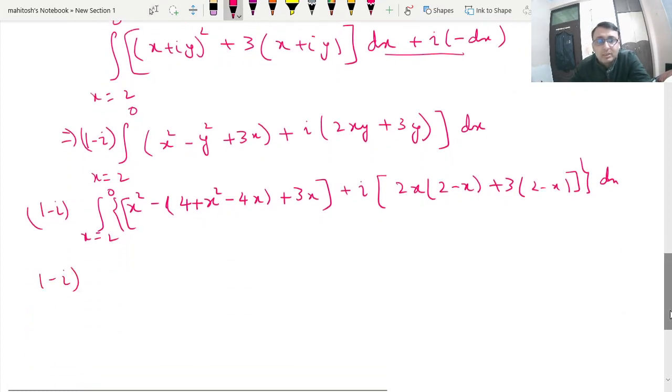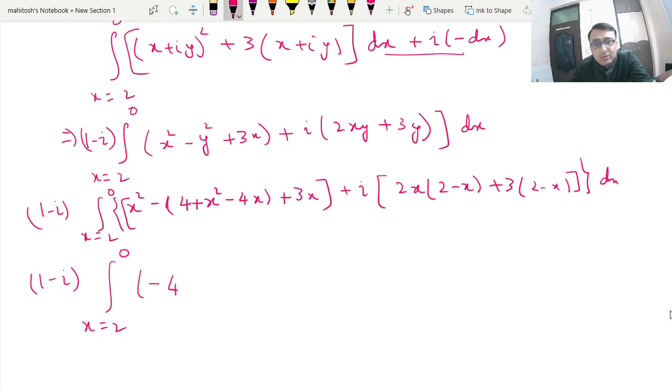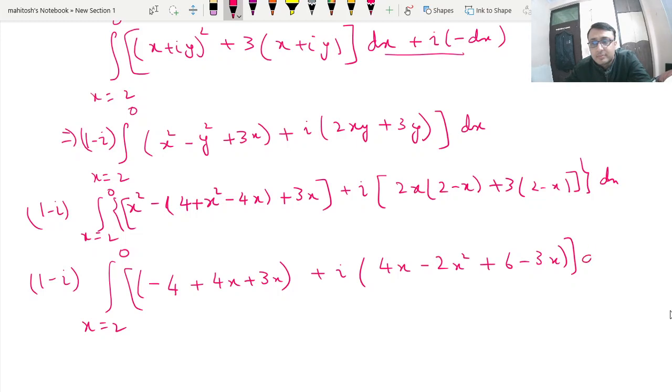Now this is 1 minus i, and x ranges from 2 to 0. So x square gets cancelled. What we get is minus 4 plus 4x plus 3x, plus i times 4x minus 2x square plus 6 minus 3x, dx. This is 1 minus i, and x runs from 2 to 0.